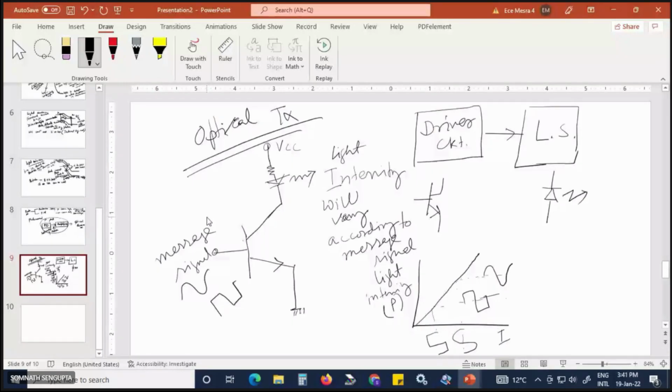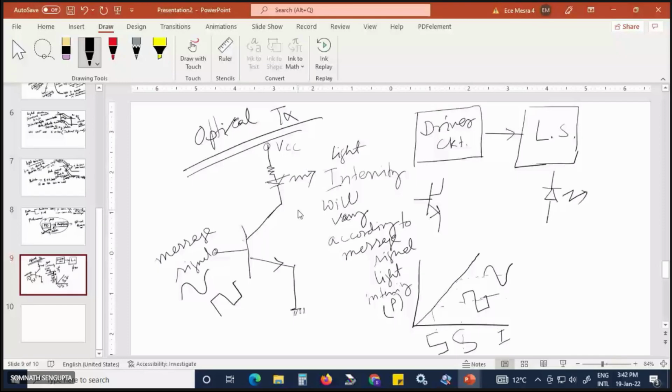So you cannot give a very high frequency signal to a simple transistor because there is a limitation from the carrier lifetime of the device. There is a term for light sources called modulation bandwidth.